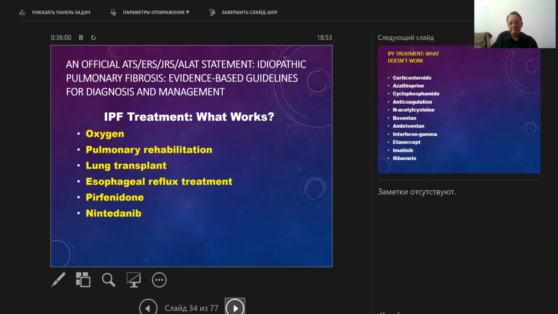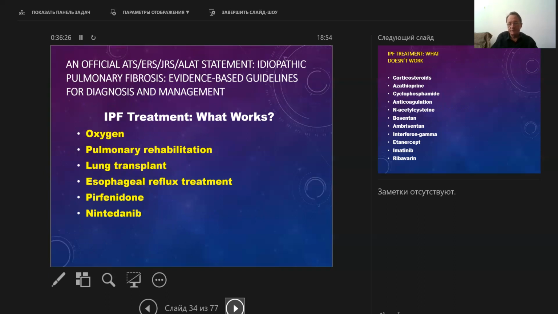So what treatments work for improving the condition of this patient? First of all, it's oxygen therapy. If the patient has lung failure, we should compensate the drop of oxygen in the blood with oxygen therapy.